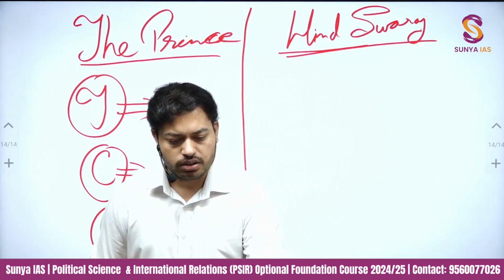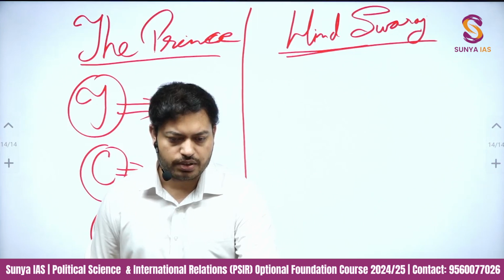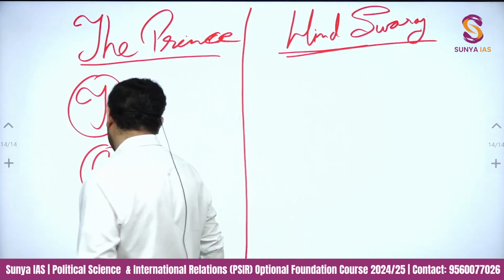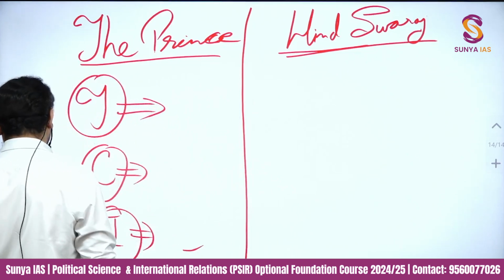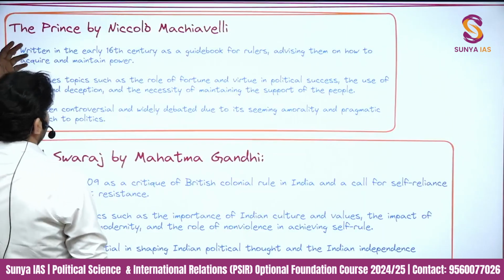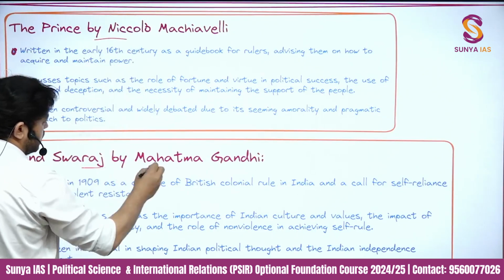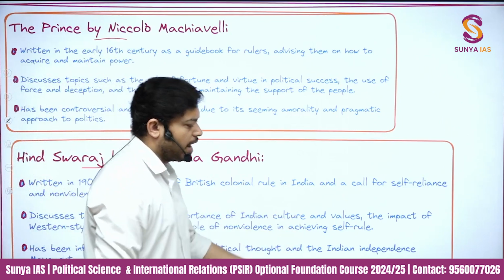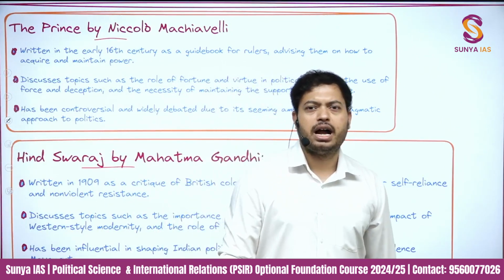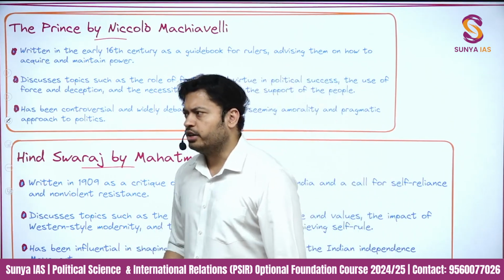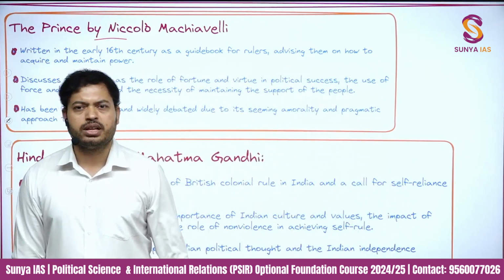Now, all this information is actually written on your handout, page number 5. This is some basic text about Machiavelli's Prince and Hind Swaraj by Mahatma Gandhi. Since I had to give you the example, and obviously by the time you are in your preparatory phase, you will be knowing these texts anyway.